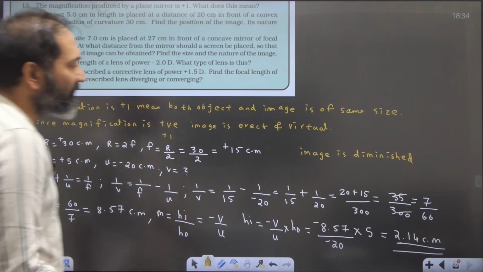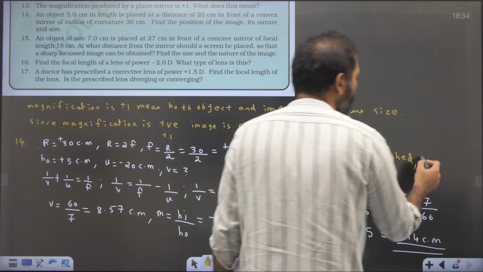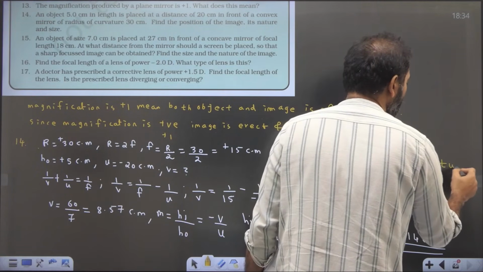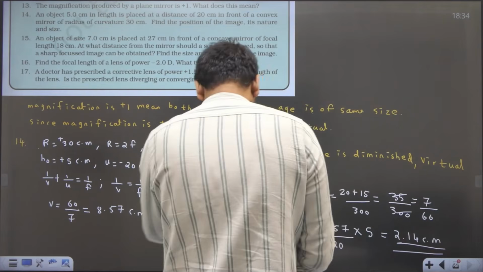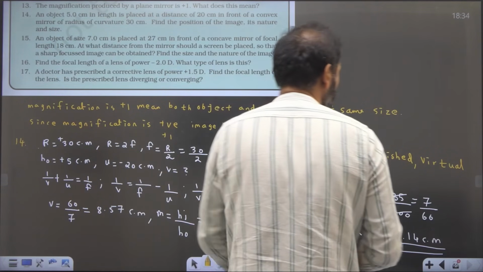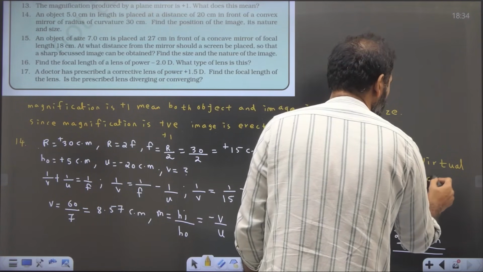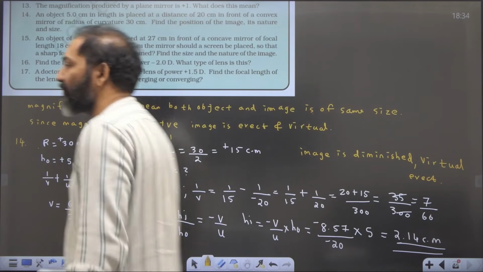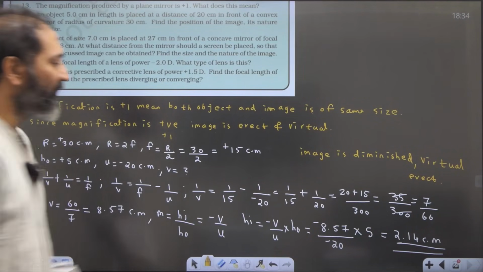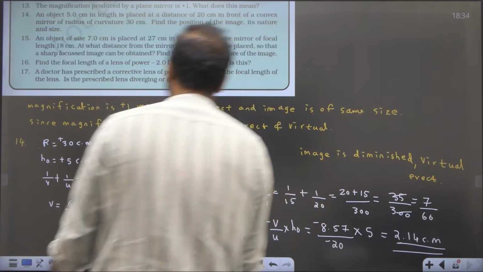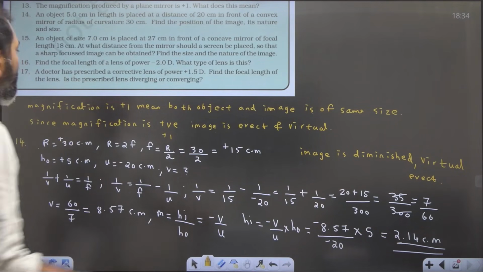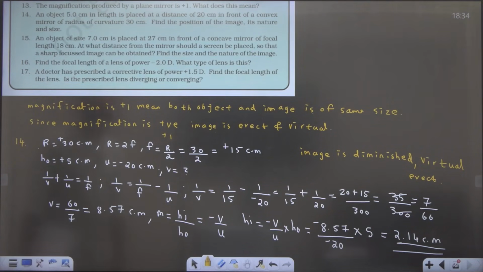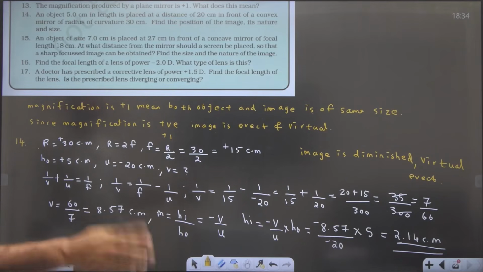Since magnification is positive, the image is virtual and erect. And diminished, because the image size is only 2.14 while the object size is greater, which is 5. So diminished, erect, and virtual.